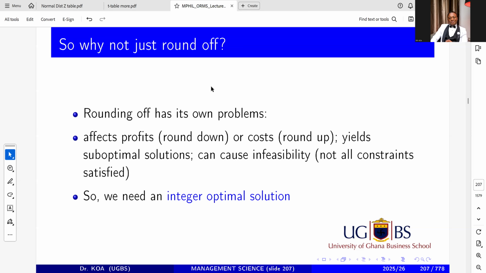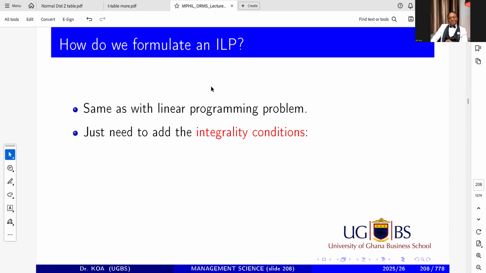And therefore, you have to introduce an integer constraint or an integrality constraint. That integrality constraint can be an integer, a positive integer, or a binary.